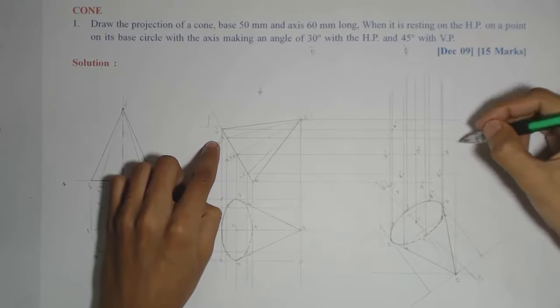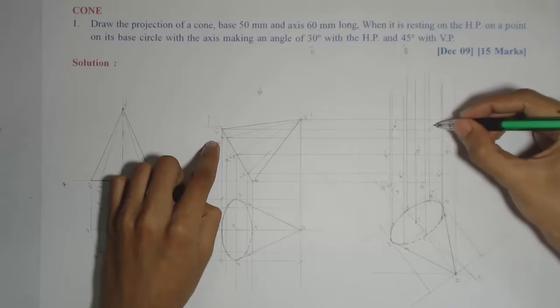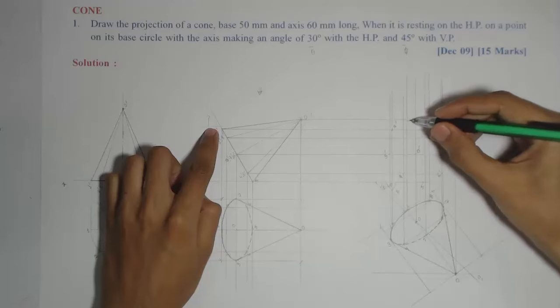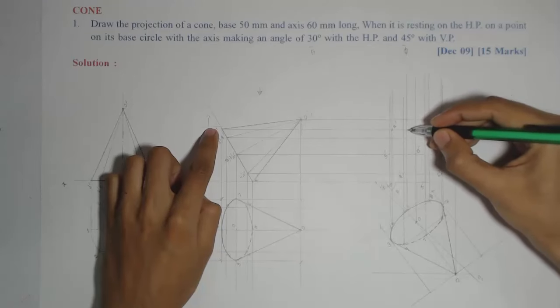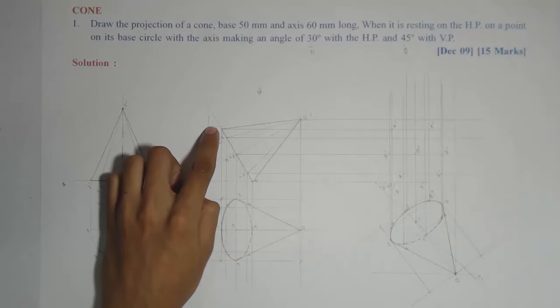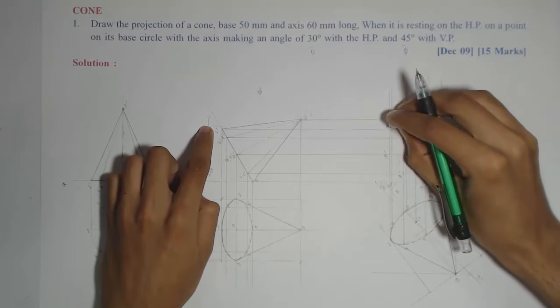Okay, then 8 from here on the same line, 8 dash, then 1 dash, the same projector here, and sorry, 1 dash. See, we have done a mistake of marking 2 dash and 8 dash. By mistake, we marked it on projector from 1 dash.